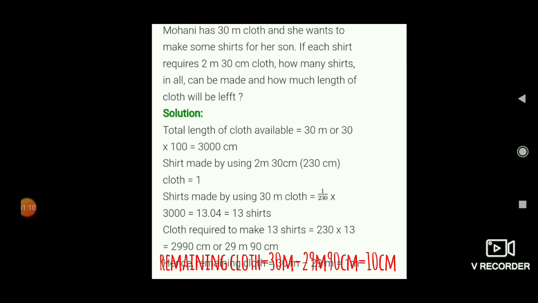So cloth required to make 13 shirts will be equals to 230, that is the number required for making one shirt, multiplied by number of shirts, that is 13. So it is equals to 2990 centimeter or 29 meter 90 centimeter. So the remaining cloth is equals to 30 meter minus 29 meter 90 centimeter equals to 10 centimeter.